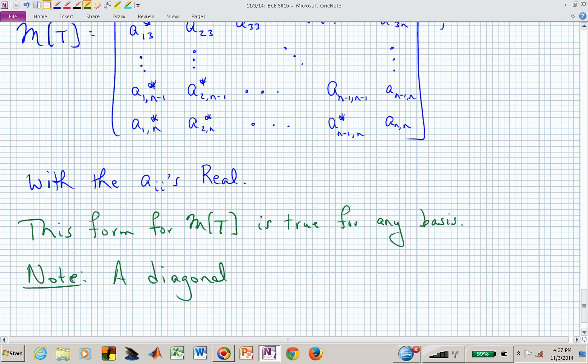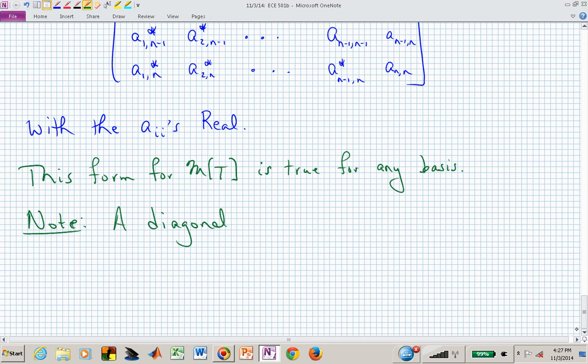And in fact, if you have a very special map that ends up having a matrix representation that's a diagonal matrix, it will have that structure under what condition?